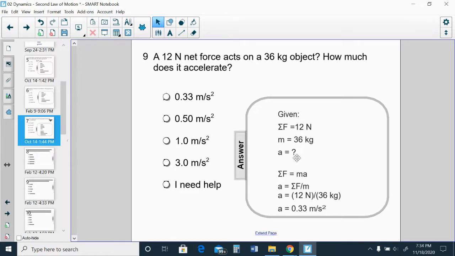We're solving for acceleration. You need to rearrange the equation. So basically, you're going to multiply mass on both sides so that you cancel out mass on this side and move it to this side. So acceleration is equal to net force divided by mass. Plug in your values, and you get 0.33 meters per second squared.